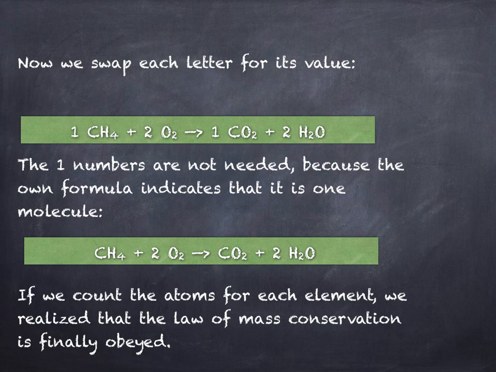So we can remove these ones. And finally, you can get the balanced equation, and if we count the atoms for each element, we realize that the law of mass conservation is finally obeyed.